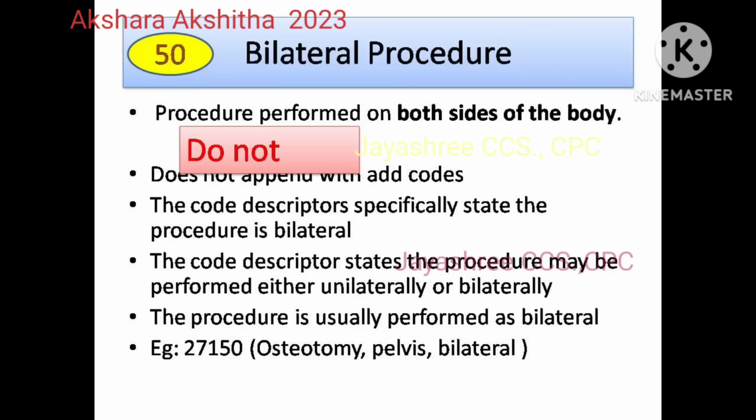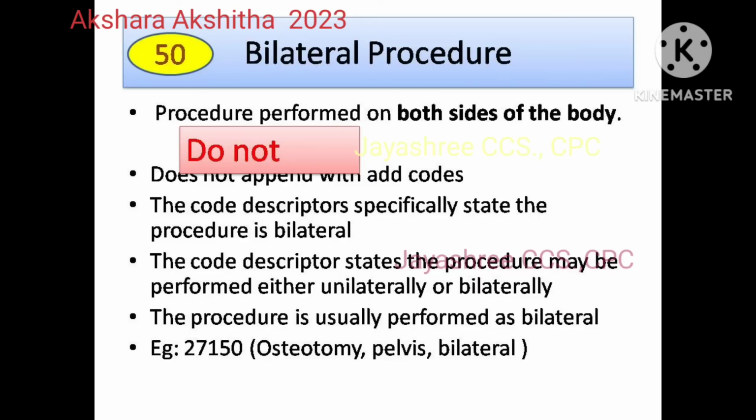Okay, next, for the description, for example, you can go and check in the tabular list, 27150. The description of this CPT code is osteotomy pelvis bilateral. So that means the word bilateral is there in our CPT description, so to this code we should not append the 50 modifier.